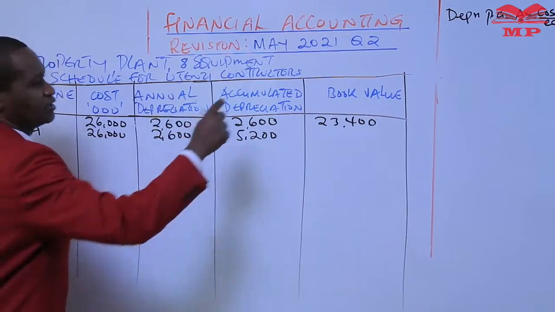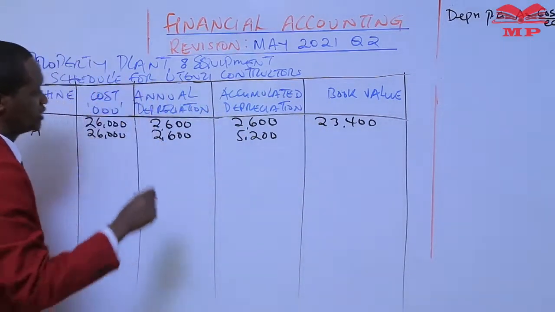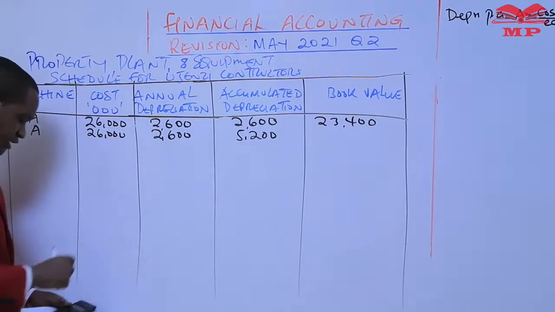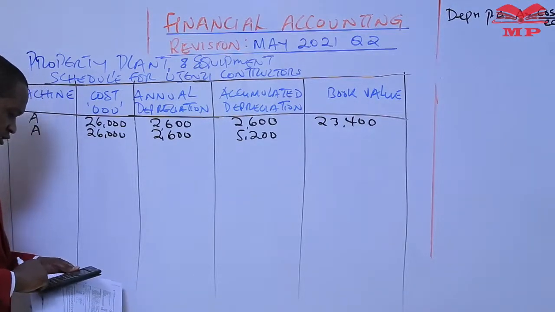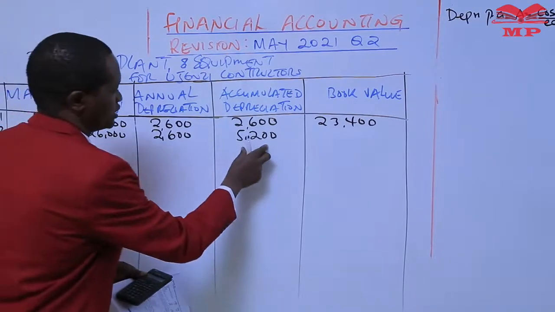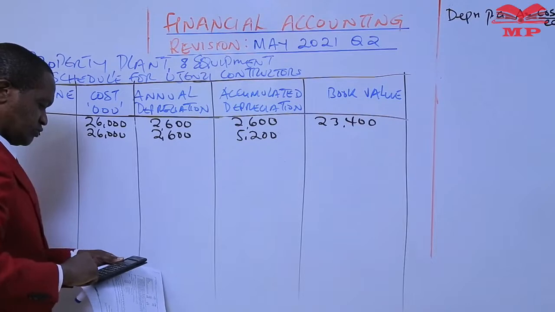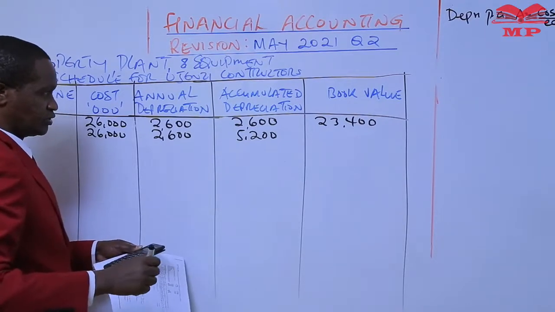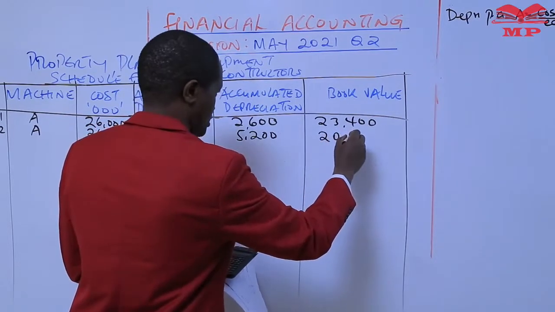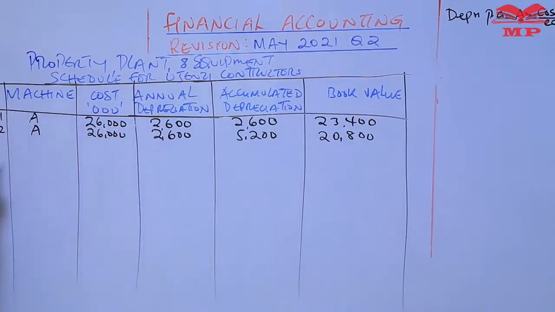Book value is equal to cost minus accumulated depreciation. So the cost is 26 million minus accumulated depreciation of 5.2 million. This will be equal to 20,800,000. That's the second year.